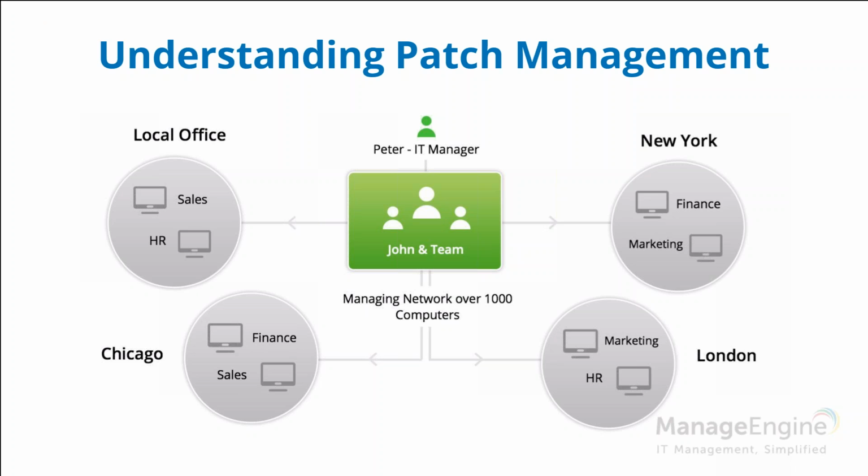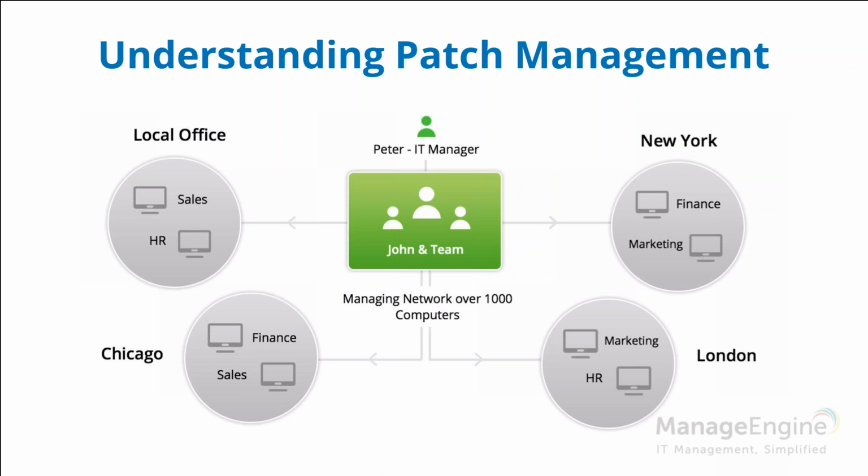He needs to ensure that all these machines are being patched, and once the patching is completed, he needs to send the reports to his IT manager, who is Peter, to share what has been done and how the deployment is going on.